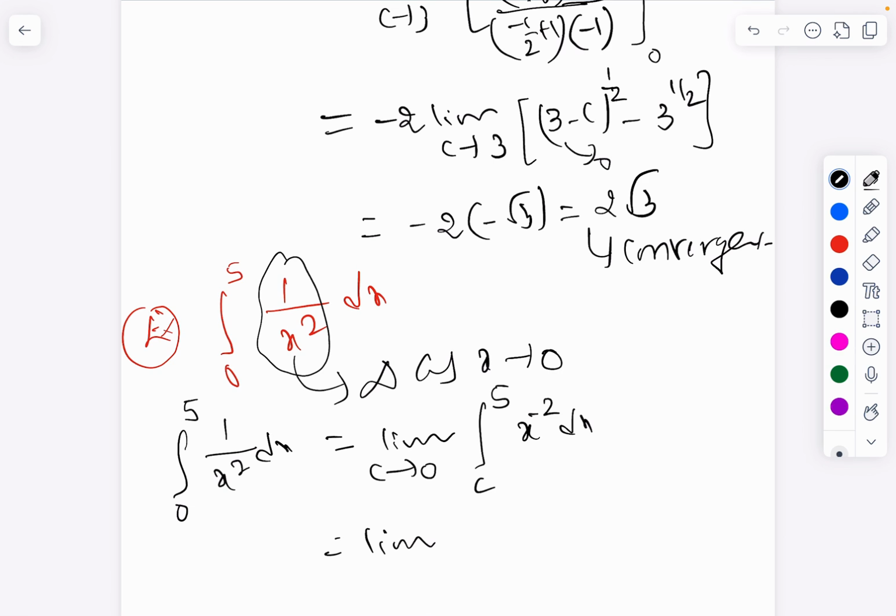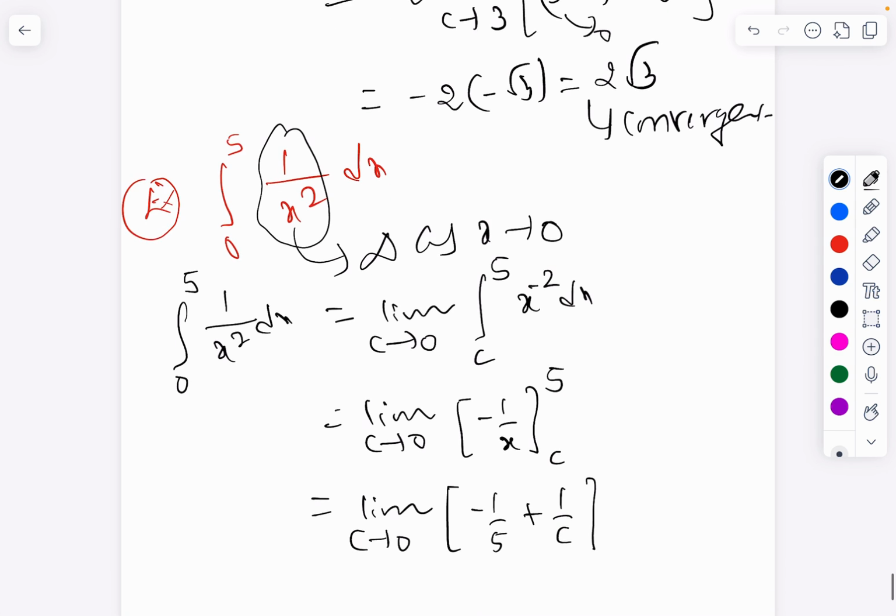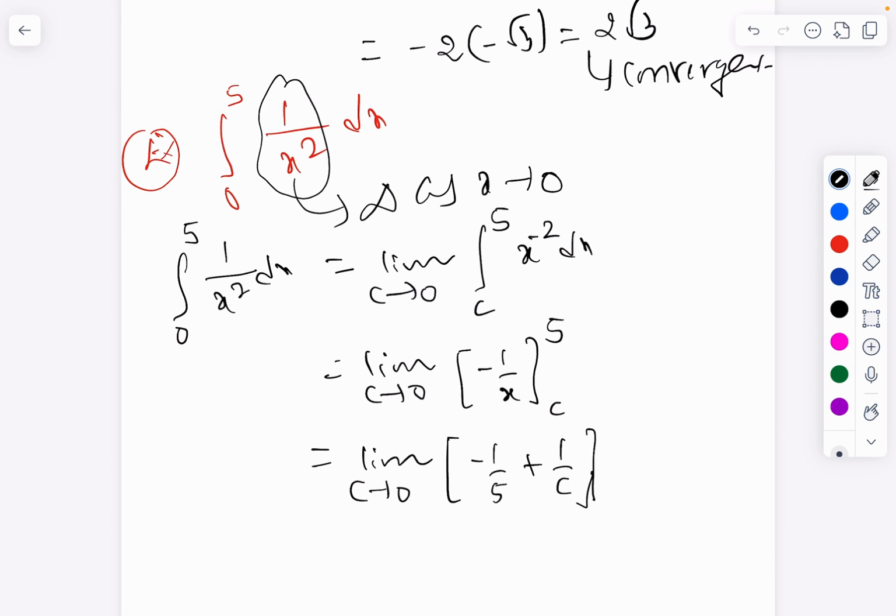The integration is minus 1 over x from c to 5. So this is limit c tends to 0 of minus 1 by 5 plus 1 upon c. But as c tends to 0, 1 upon c tends to infinity, so this tends to infinity, and so this integration is not possible. We say that it is divergent.